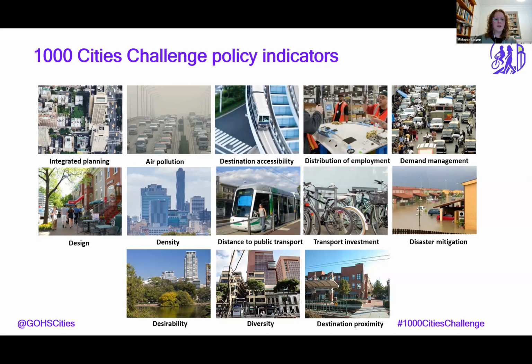They cover everything from integrated land use and transport planning to air pollution controls in land use and transport systems, destination accessibility by public transport, the distribution of employment, demand management, particularly around driving cars, a whole range of urban design features, housing density requirements, the distance to public transport, which we know is a key determinant of health, transport investment by governments in the different modes, disaster mitigation, the desirability of urban environments for walkability, the diversity of land uses, and destination proximity.